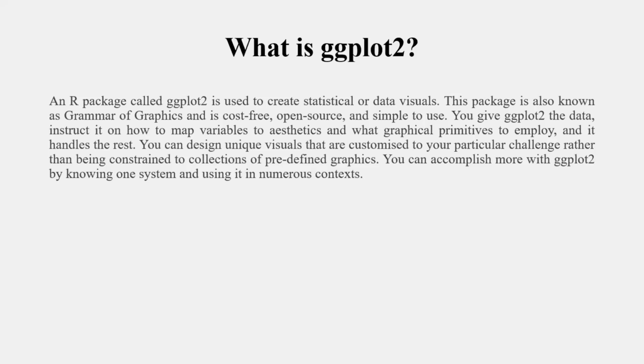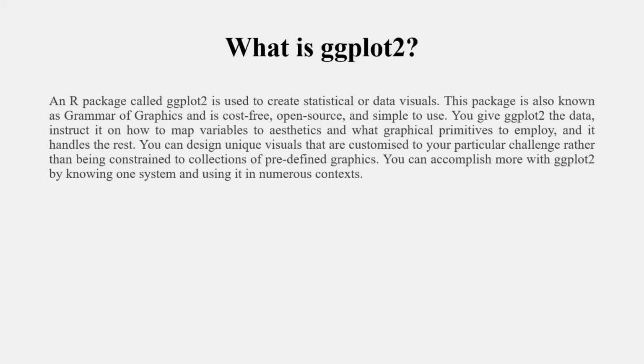So what is ggplot2? An R package called ggplot2 is used to create statistical R data visuals. This package is also known as Grammar of Graphics and is cost-free, open source, and simple to use.